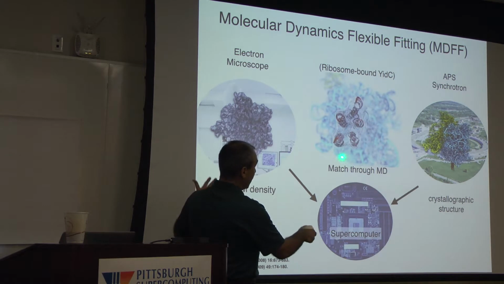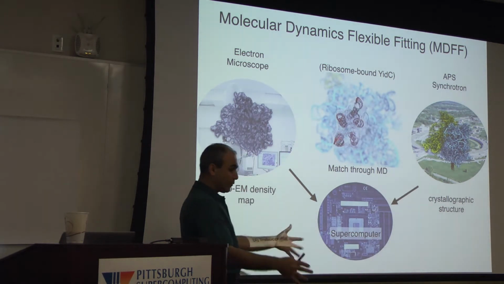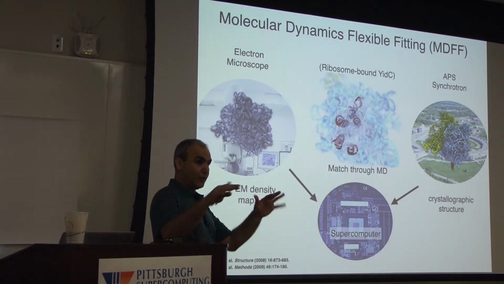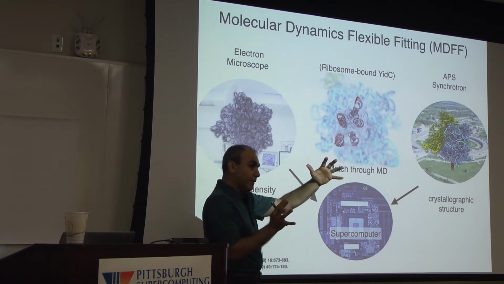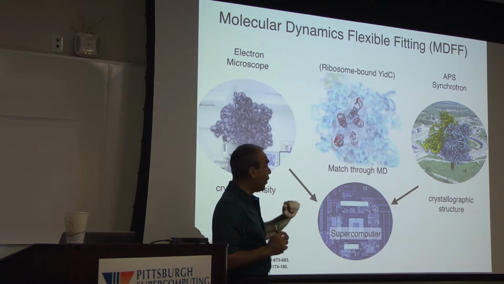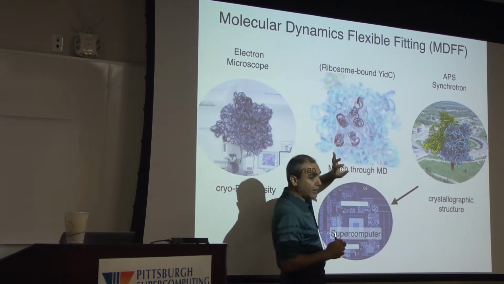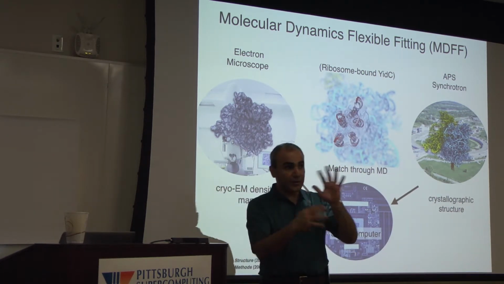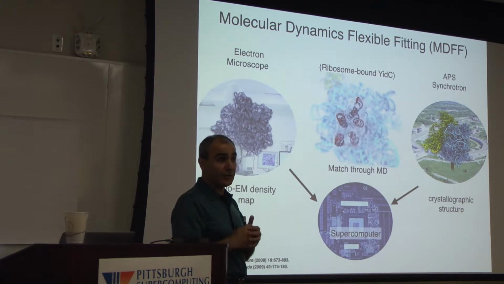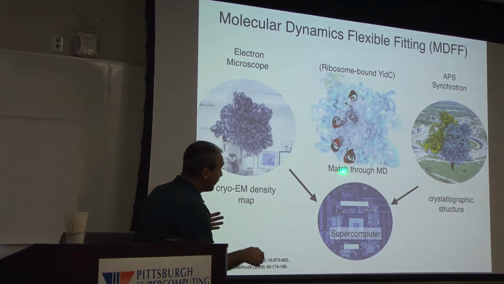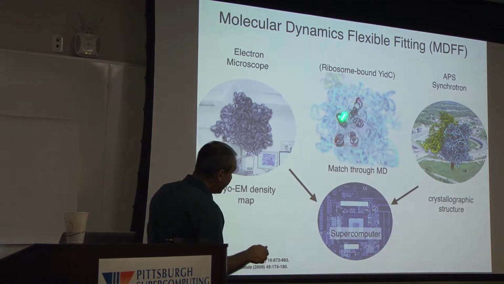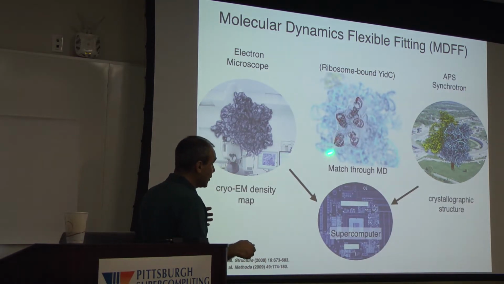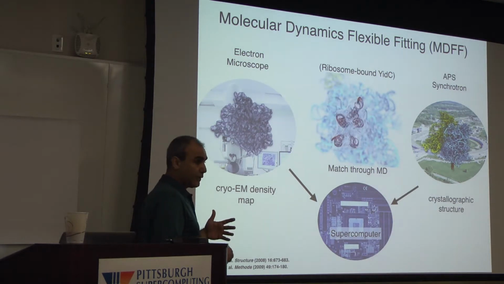And then you just run MD on your molecular system and let it wiggle around. That allows it to go over the barriers much better, and then it gets attracted and gravitates into the density while you're keeping all the bond lengths correct and everything. If there are clashes, they will be naturally removed, et cetera. So this is a much more flexible approach, based on the natural force field of the system, to fit one structure into a different conformational state based on the density.